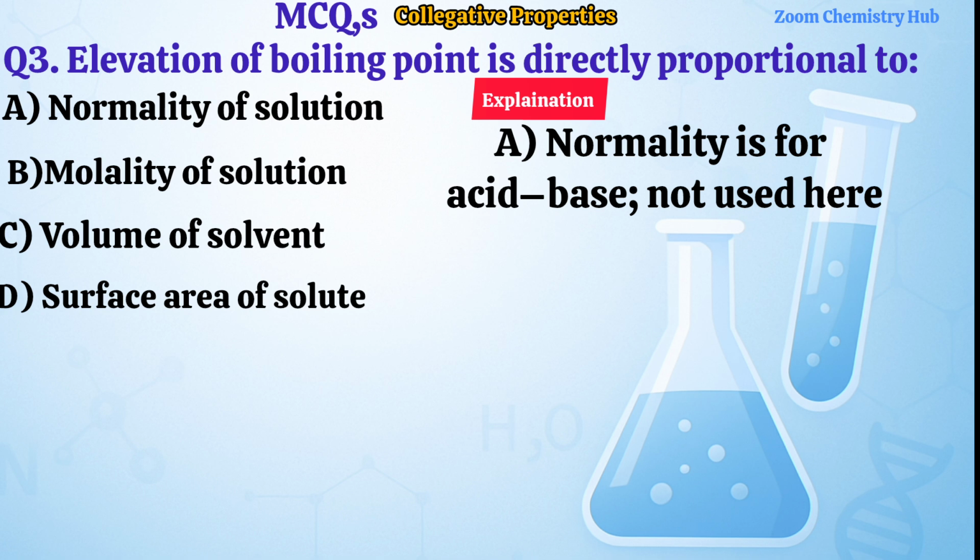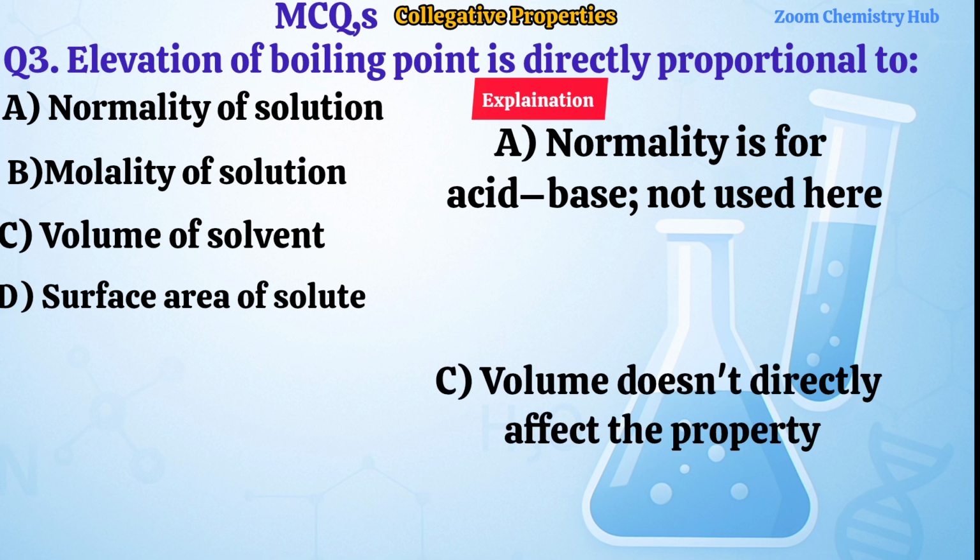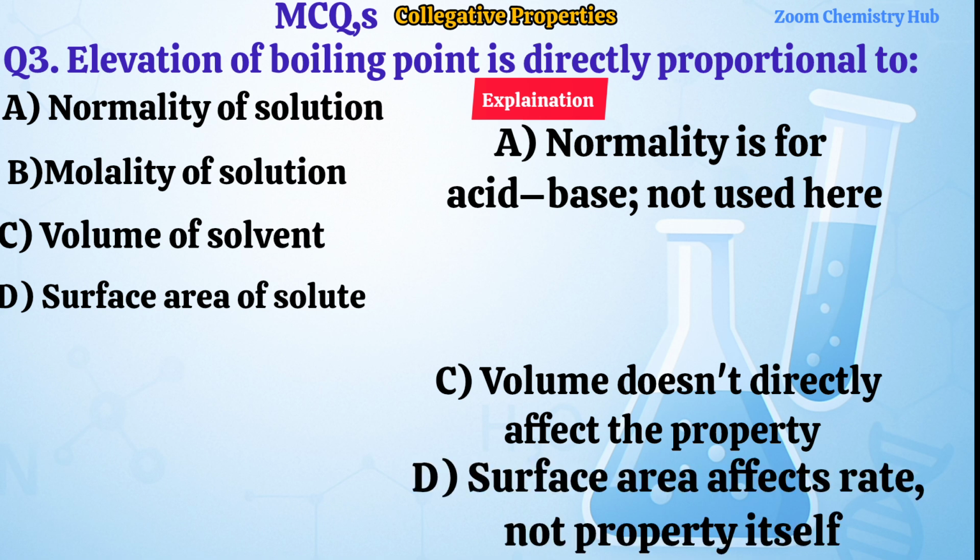Next, option C, the volume of solvent. The volume of solvent does not directly affect the elevation of the boiling point, so it is also incorrect. Similarly, option D is the surface area of the solute.